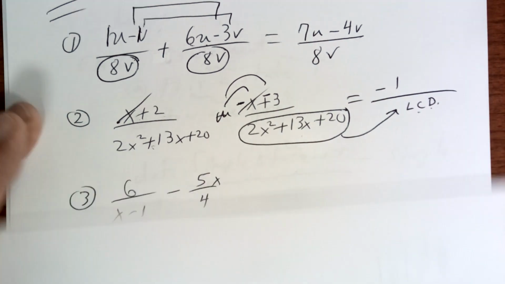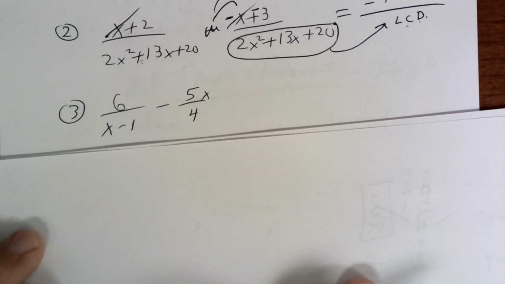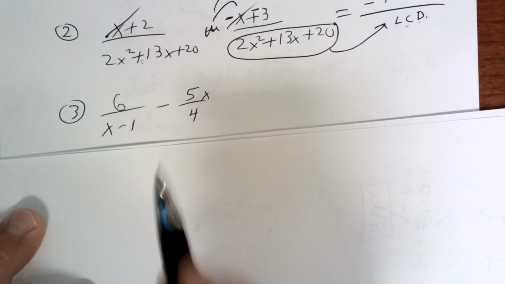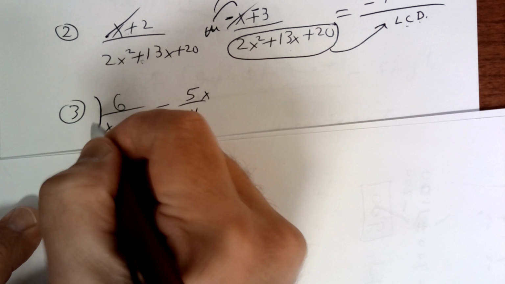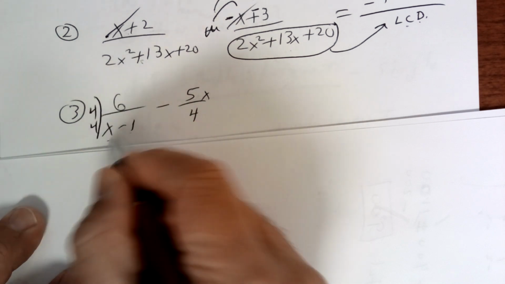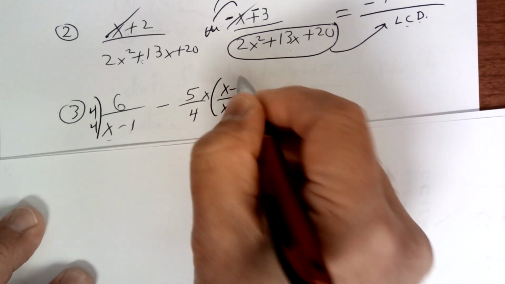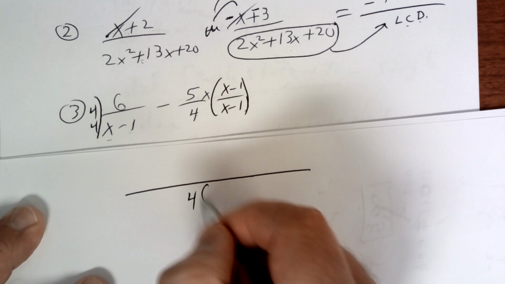All right, let's try this one. Now this is a little harder. When you add or subtract, your denominators have to be the same. This is factored. So the way I'm going to work it is I'm going to put a 4 here, and I'm going to move the x minus 1 over here. And what I get is the least common denominator is going to be a 4 and an x minus 1, both of those.